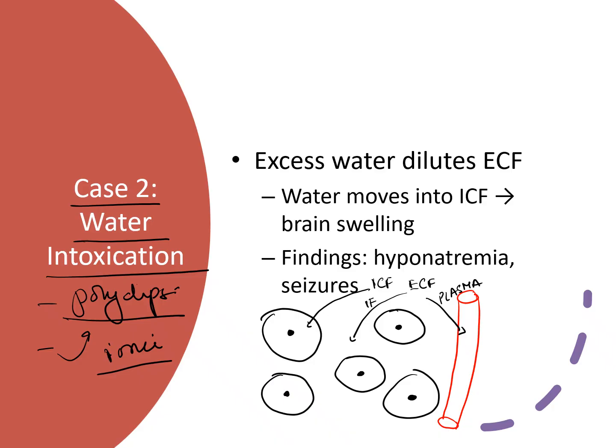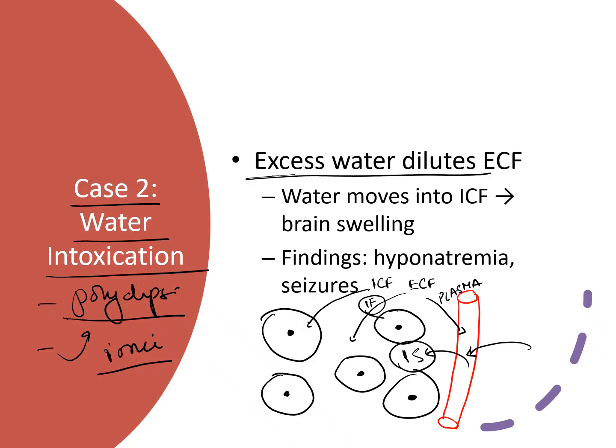So if you are drinking excess water, that will dilute the extracellular fluid, which is in the plasma and interstitial space. The fluid will go into the vessel and into the interstitial space.